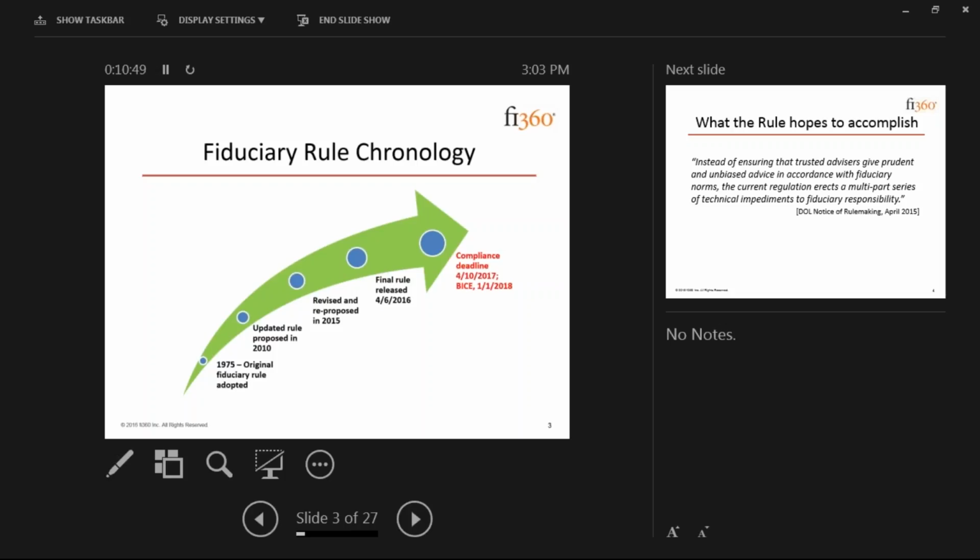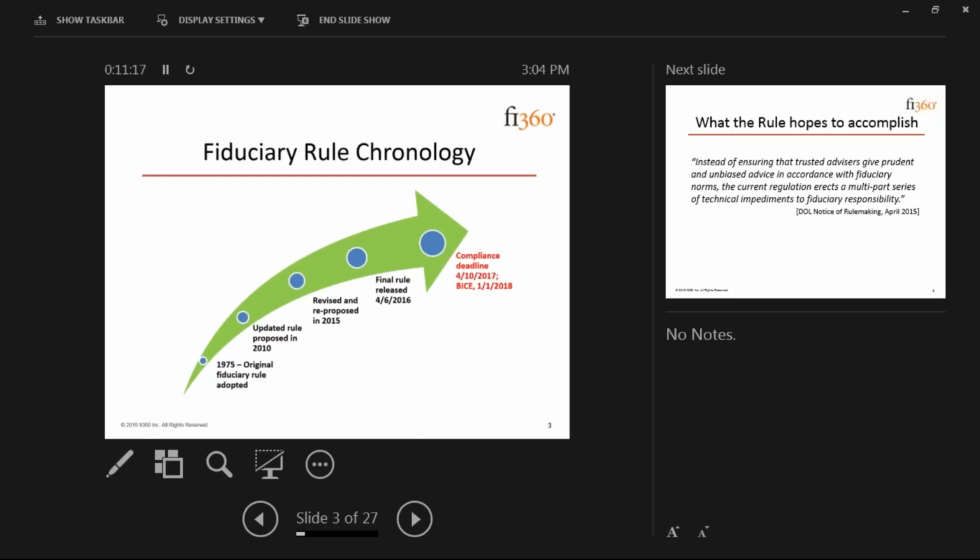They had 4 days of hearings last August. They followed those hearings by another comment period, and then in the fall into winter, they began to digest all of that feedback, and then, as we all know, on the 6th of April last month, they did not repropose. They published the final rule based on all the feedback they had received.